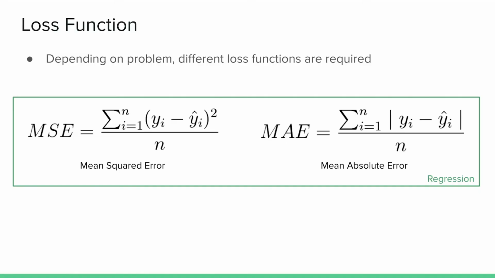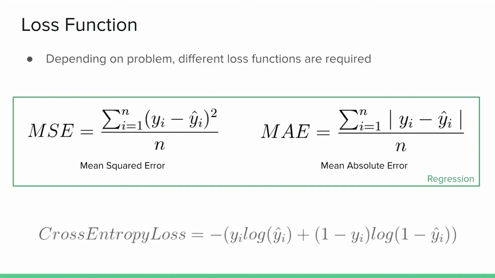But when you have data that are categories, what is the difference between cat and dog or car and tire? It's hard to say. That's why for classification you typically use a different loss which operates on probabilities of certain classes, and we call this the cross entropy loss.